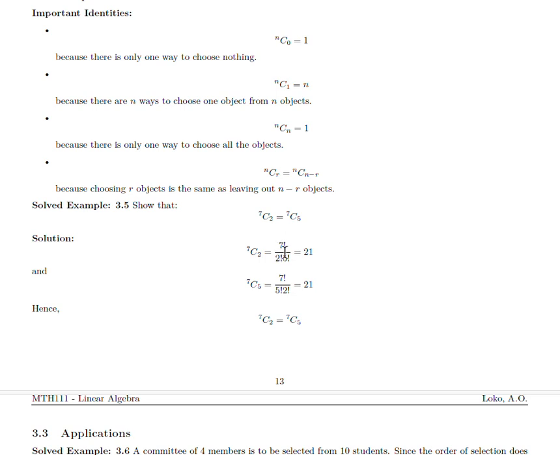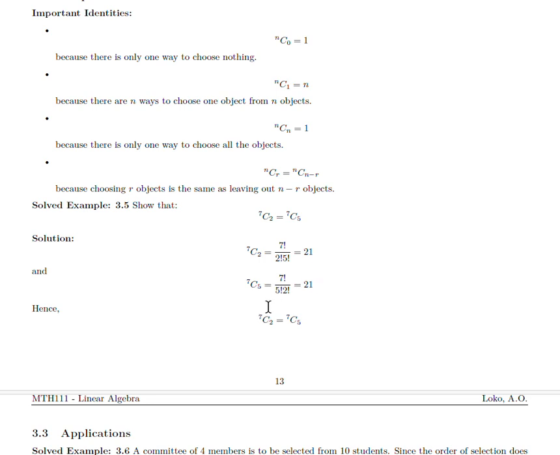If we solve all this, we'll be left with an answer of 21. If you do 7 combination 5, same thing, we'll have an answer of 21.